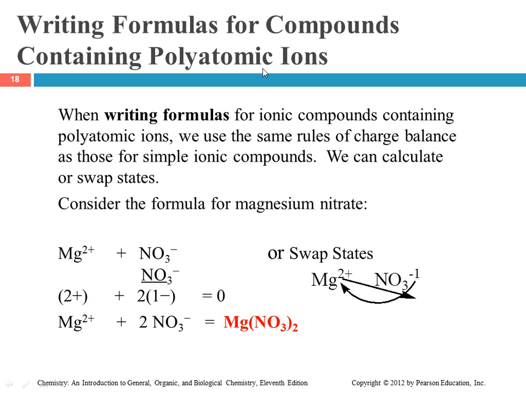A lot of students will see, say I gave you magnesium nitrate. You have to recognize that that doesn't end in IDE. That's not nitride, it's nitrate, which is a polyatomic ion. So you're going to get your list and go find it, and you'll see that nitrate includes 1 nitrogen, 3 oxygens, and it has an overall -1 charge.